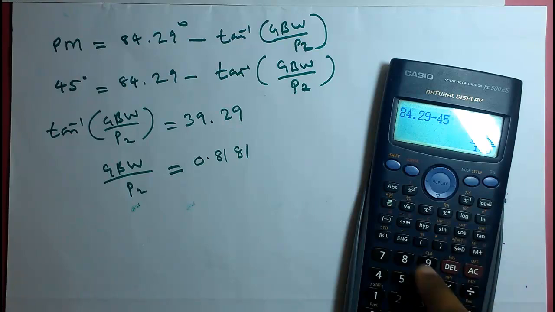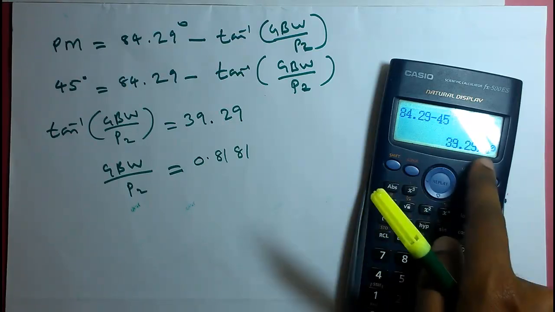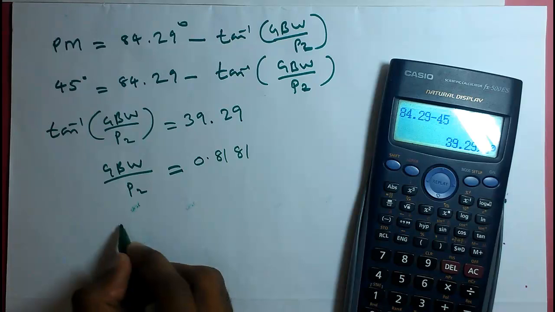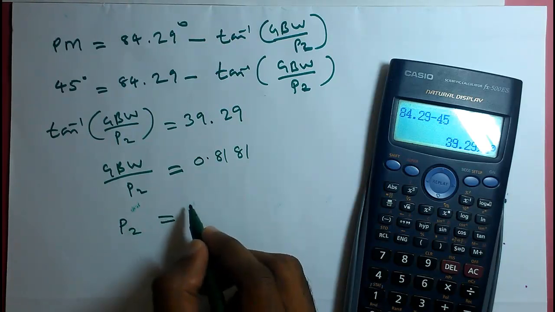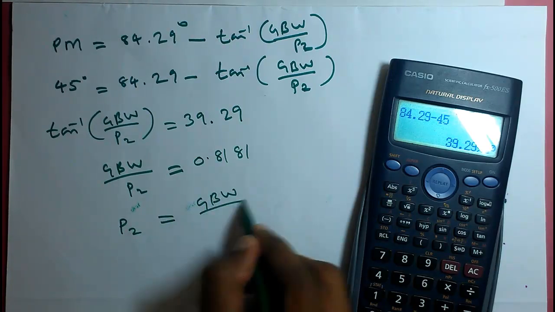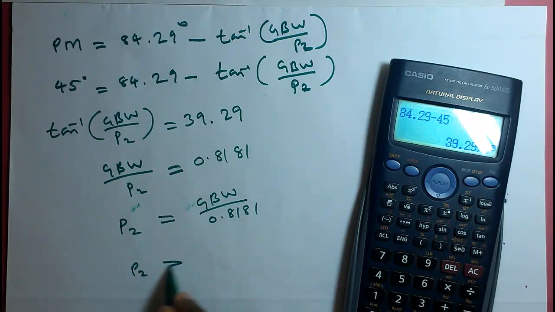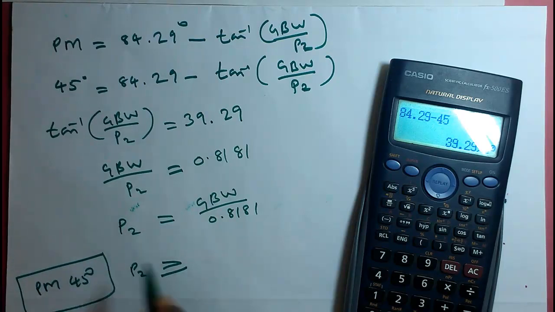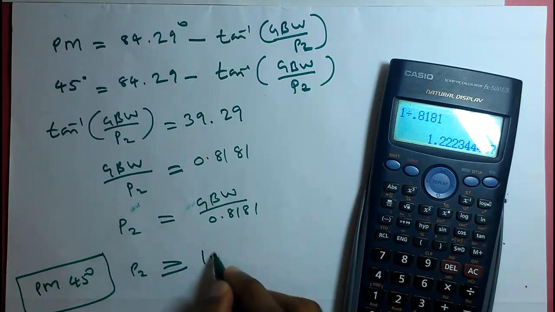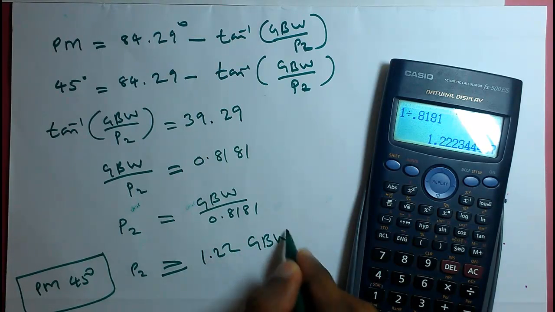So hope it is clear. For this, P2 is gain bandwidth divided by 0.8181. So for phase margin 45 degree, P2 should be greater than 1 divided by 0.8181, so it is 1.22 times of gain bandwidth.